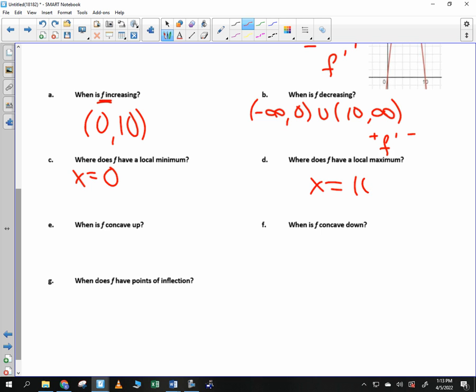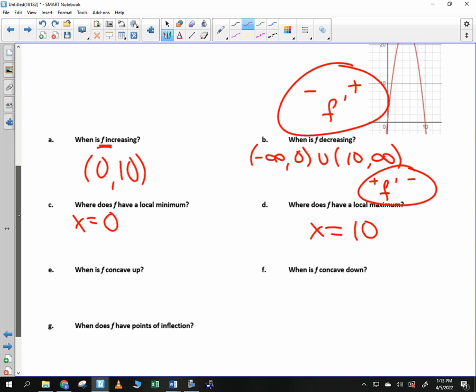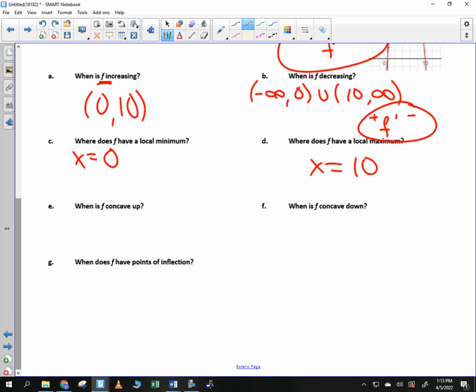I don't know how to get you guys to remember it. I promise you're going to get those questions. You have to remember maximum is when it goes from positive to negative, and minimum is negative to positive. If you can visualize that in your brain. When it's minimum, then you have the minus before the plus. However you do it.